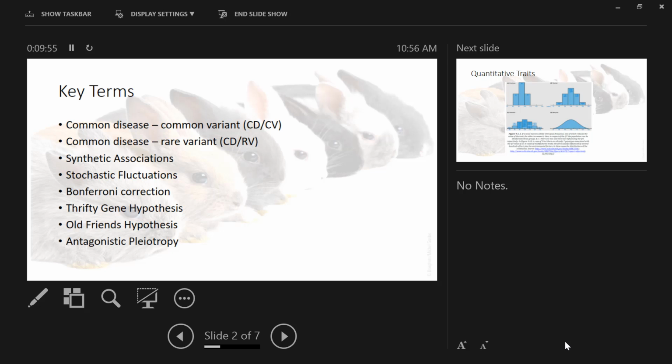A type 1 error costs more money and is probably a bigger issue than a type 2 error, missing some of the genes that actually do correlate with it. Because you still have some that you're a lot more confident correlate, and you can focus your efforts there and figure out what's going on developmentally.